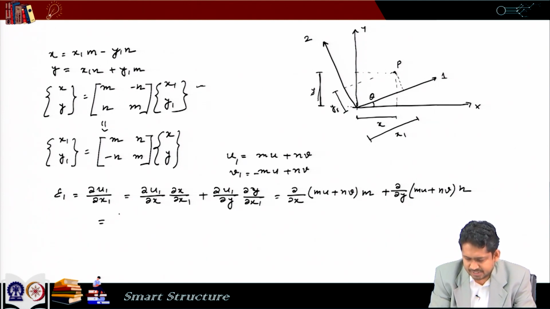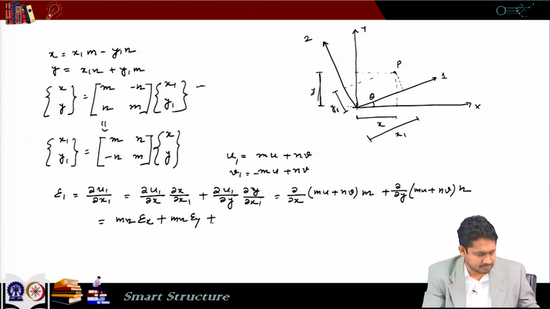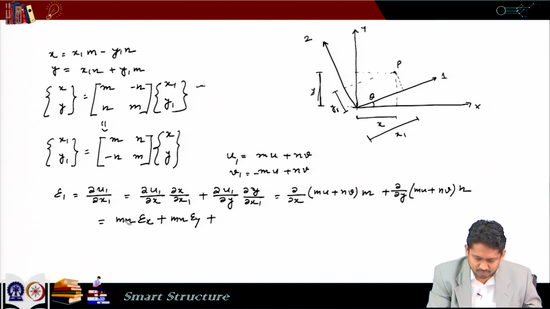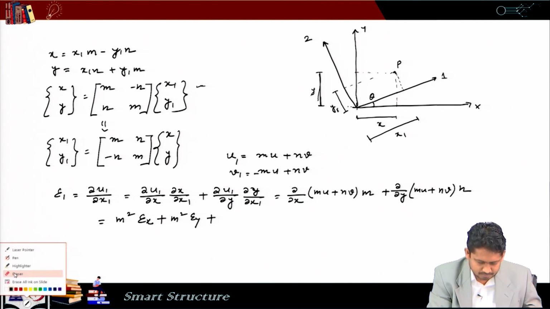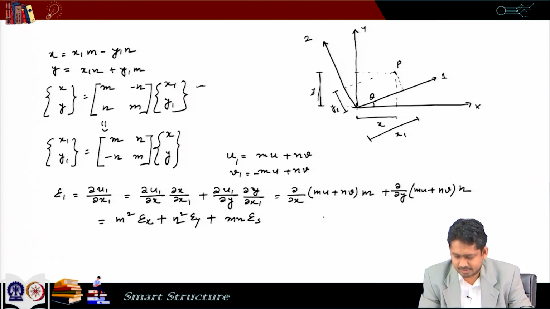So, this entire quantity can be written as m square multiplied by epsilon x plus n square multiplied by epsilon y, and then we have mn epsilon s.